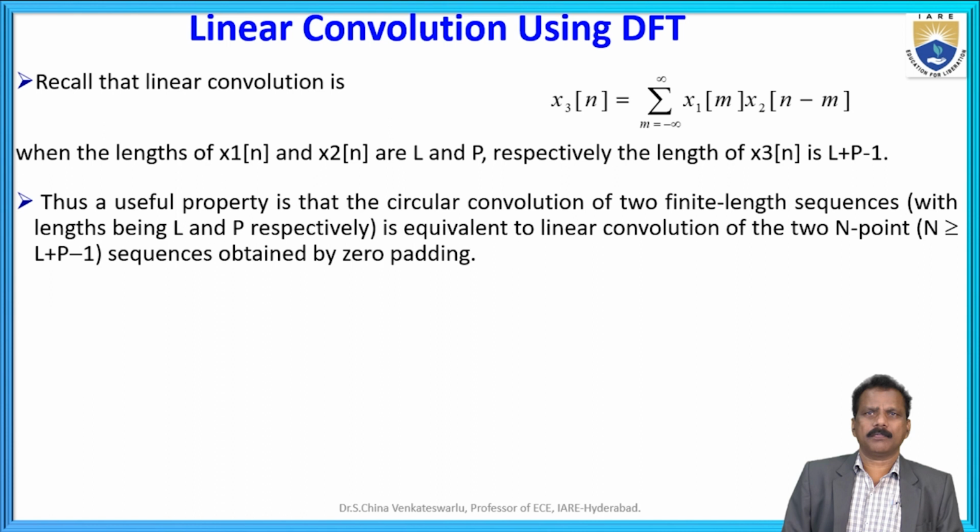So a useful property is that the circular convolution of two finite length sequences with lengths L and P respectively is equal to the linear convolution of the two N-point sequences obtained by zero padding, that is, where capital N is greater than or equal to L plus P minus 1.